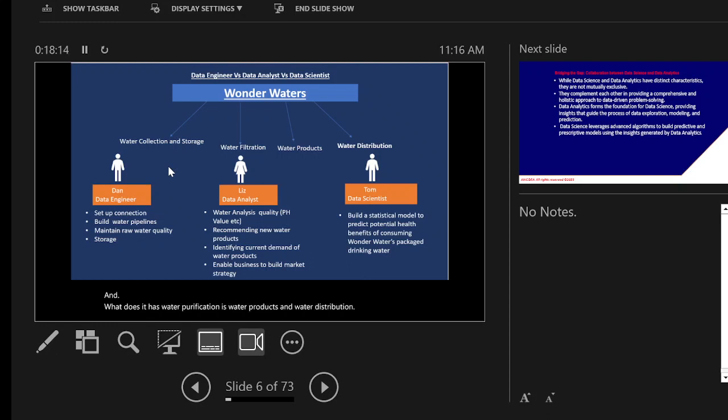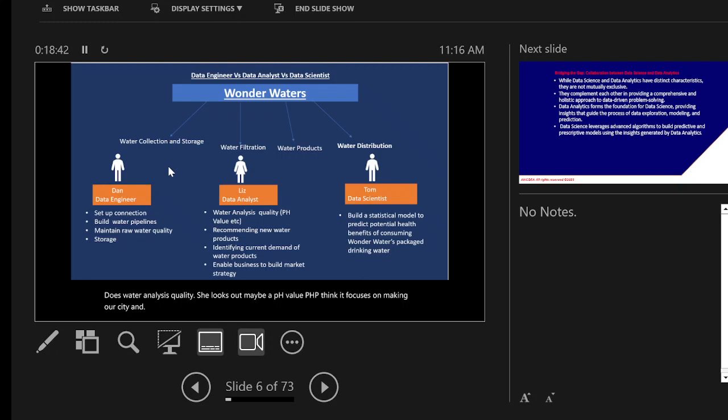We want to distinguish between a data analyst and data scientist in the same organization, right? So, Liz, who is a data analyst, does water quality analysis. She looks at maybe pH value, I think it focuses on maybe the acidity of the water, if I'm not wrong.